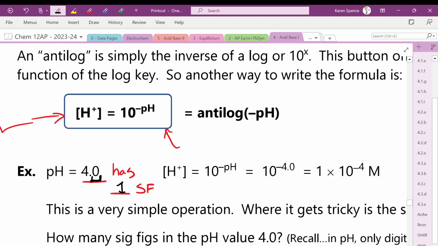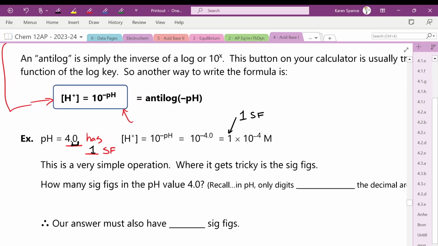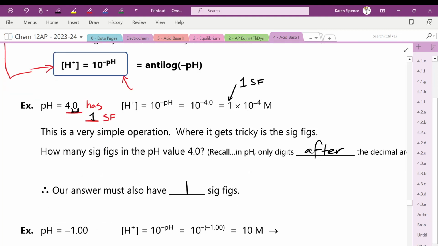So we have 10 to the negative 4.0. So that's 1 times 10 to the negative 4, and we have 1 sig fig here. How many sig figs in the pH value for? Oh, we just did that. 1 sig fig, only after the decimal.